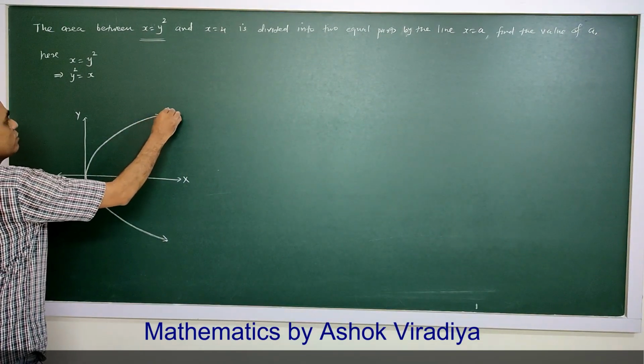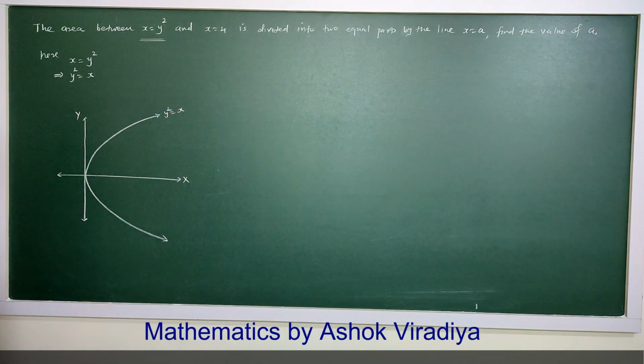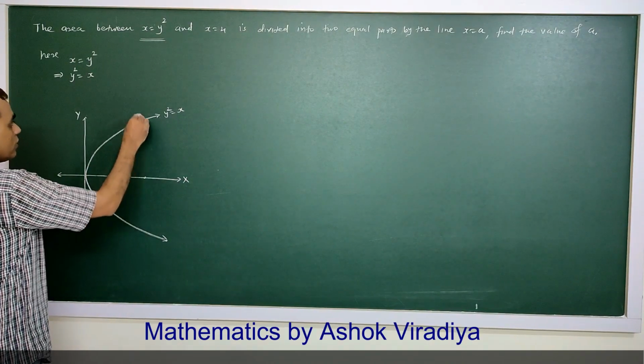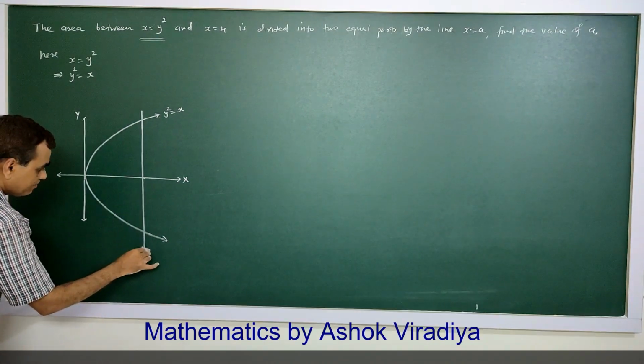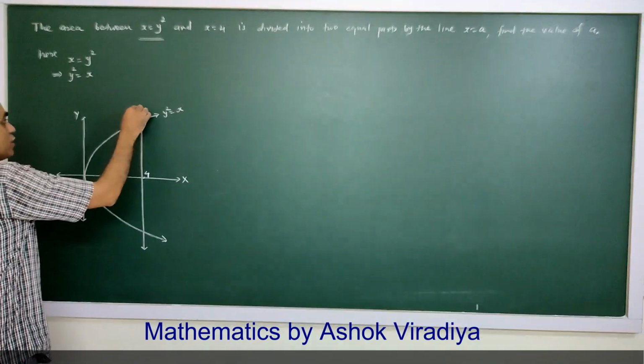This is y square equal to x, a parabola. Then the line x equal to 4 is a vertical line.